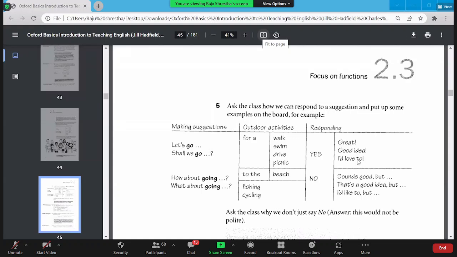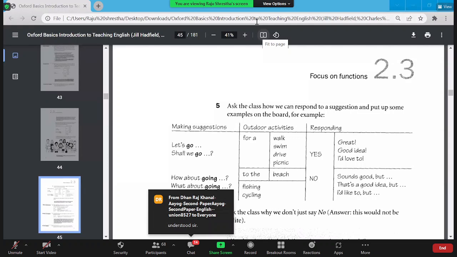This is also an exponent. All are exponents. Exponent means sentences or expressions, how we express to communicate a suggestion, what we use, how we express to suggest to someone and to respond to someone's suggestion. These are all about exponents. Exponents are exactly these. Okay.